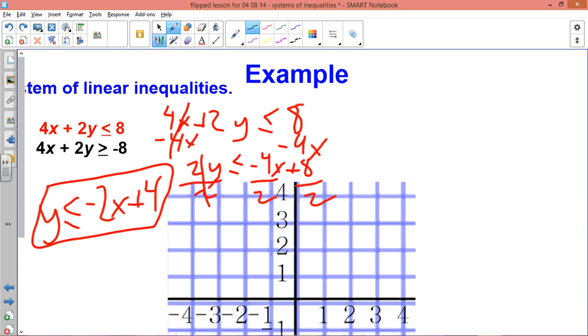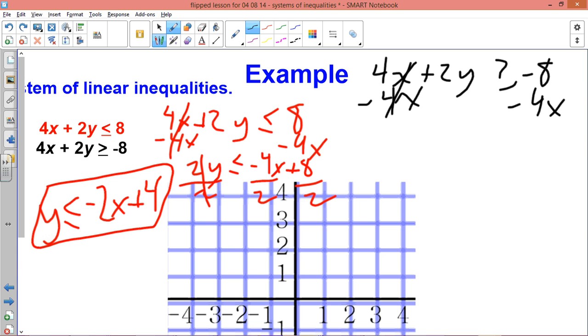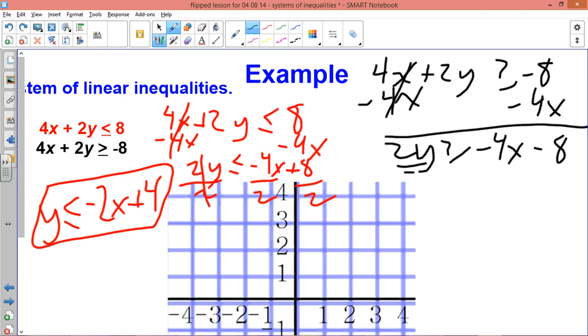I next do my black equation, 4x plus 2y greater than or equal to negative 8. Subtract 4x, subtract 4x, 2y greater than or equal to negative 4x minus 8. Divide by 2. Y is greater than or equal to negative 2x minus 4.